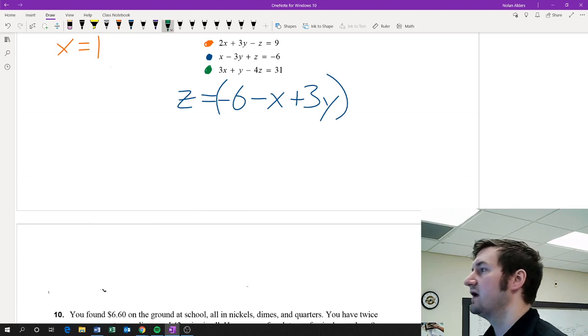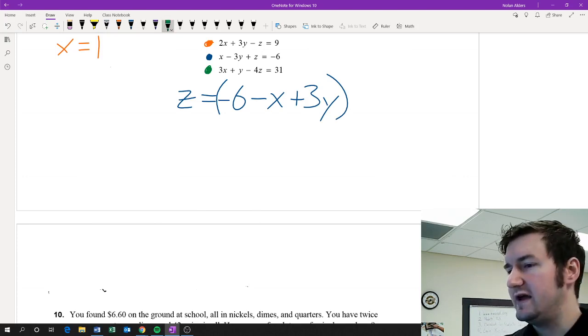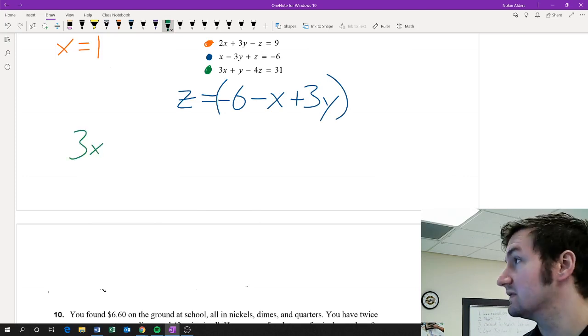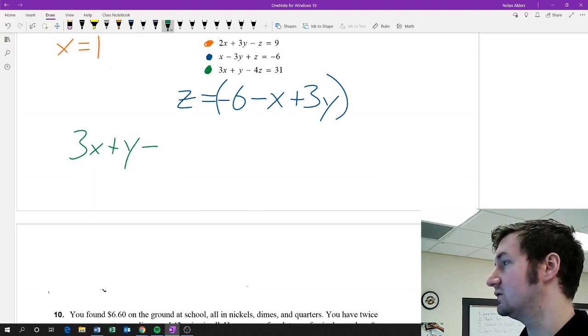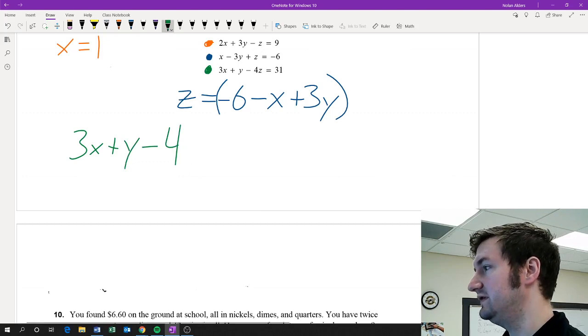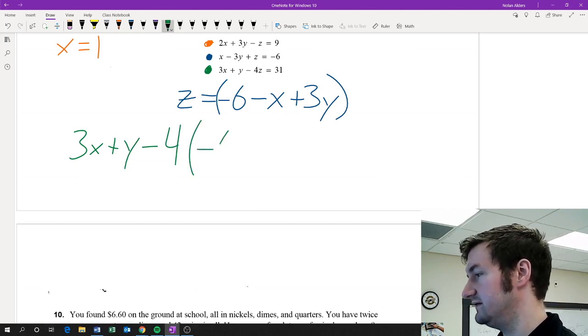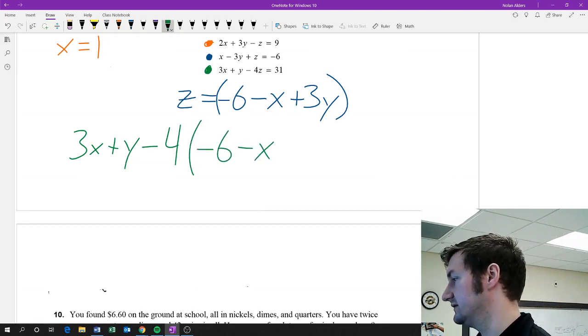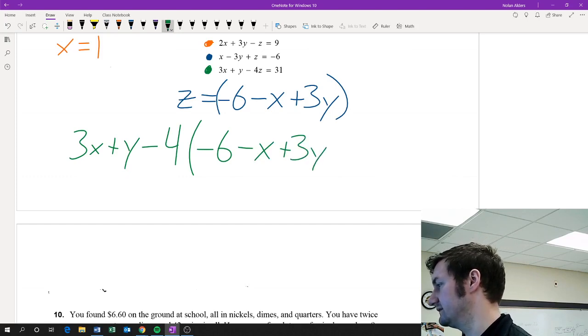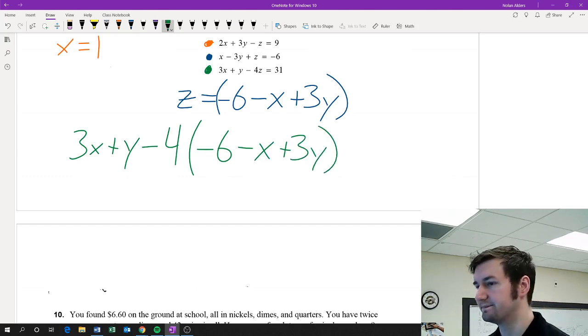All right, so we're going to have 3x plus y minus 4 times z, which, remember, z is negative 6 minus x plus 3y. Okay? And let's solve.